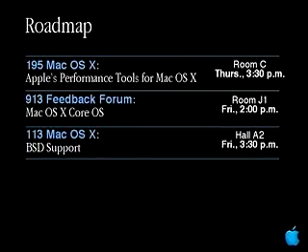The roadmap, well, sorry, most of the sessions that talked about a lot of this stuff have already been completed, a lot of the BSD and file system stuff. But there are some interesting sessions left. There are the performance tools later today. You definitely want to look at that because when you're tuning your application, you're going to be looking at things that show all of these Mach pieces. There's the feedback forum tomorrow.